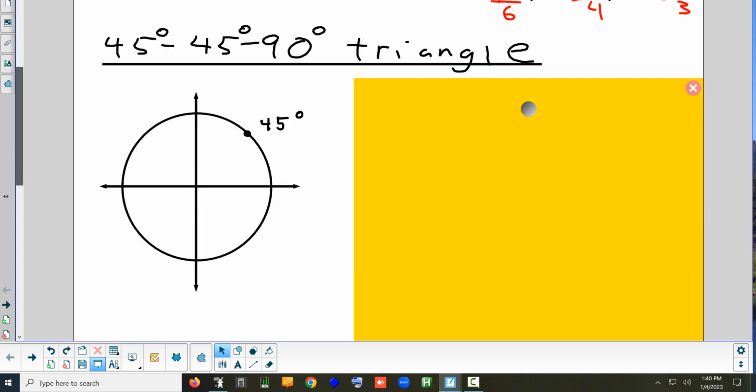All right, so we know that this is 0. That's 90. So 45 is halfway between the two. So I'm going to draw my 45 degree angle right here. There's my initial side. There's my terminal side.